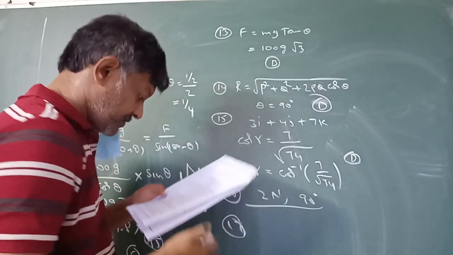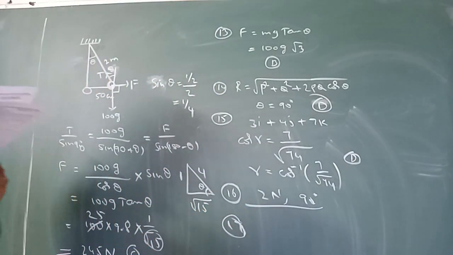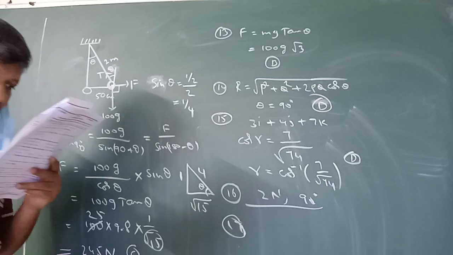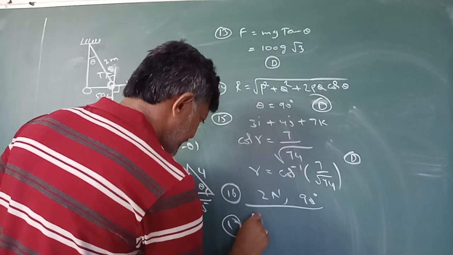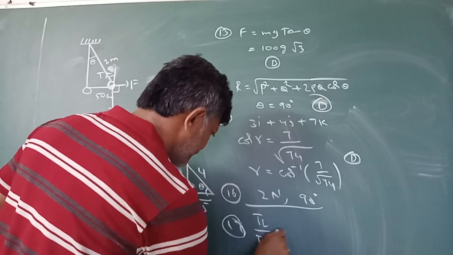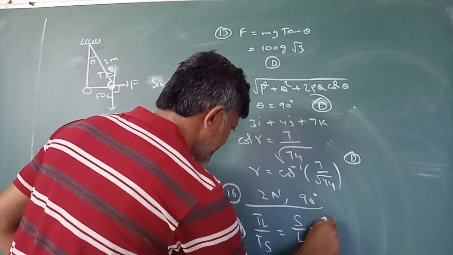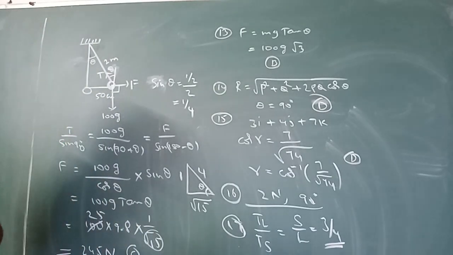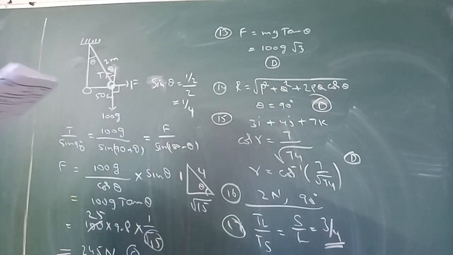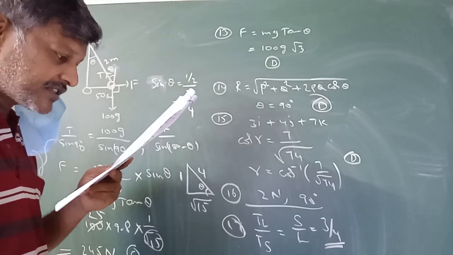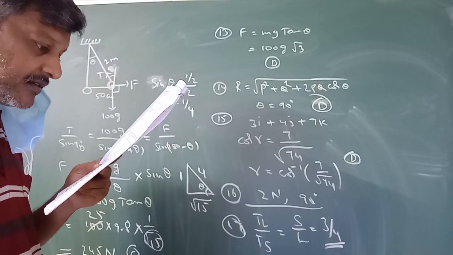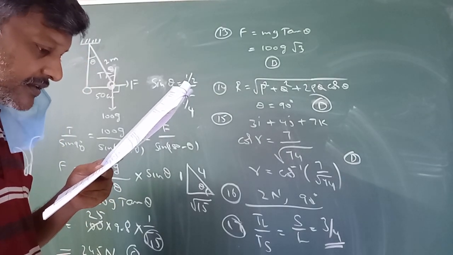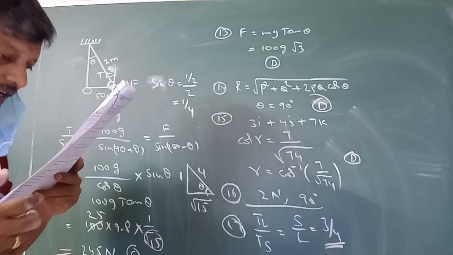17. 2 light strings. The ratio of tension in the longer string to the shorter string is equal to S by L, that is equal to 3 by 4. This is also discussed in the classroom yesterday. Next, 3 coplanar forces of magnitude F on a particle at O, the resultant force. All of them are equal.